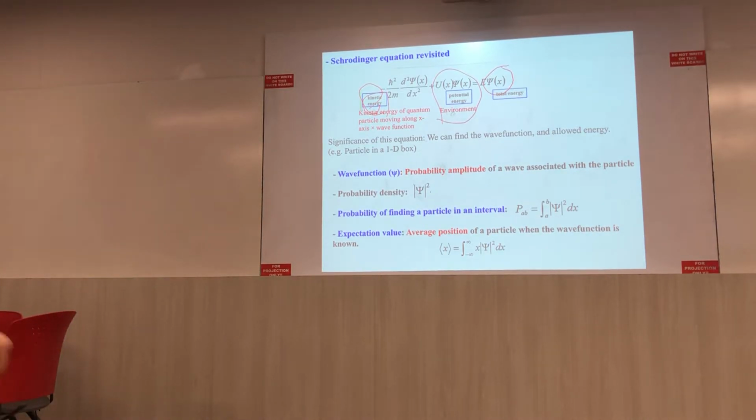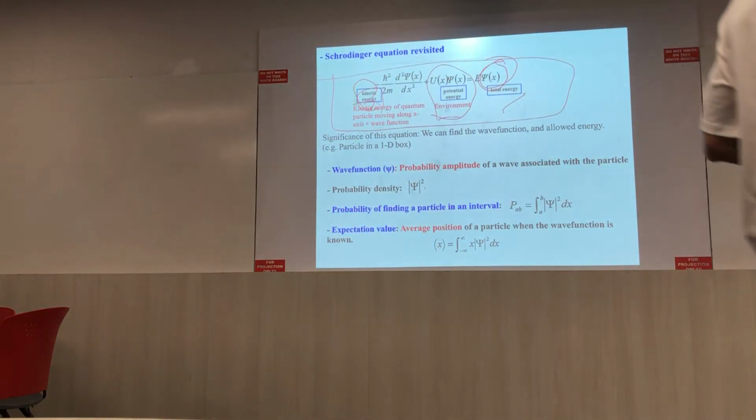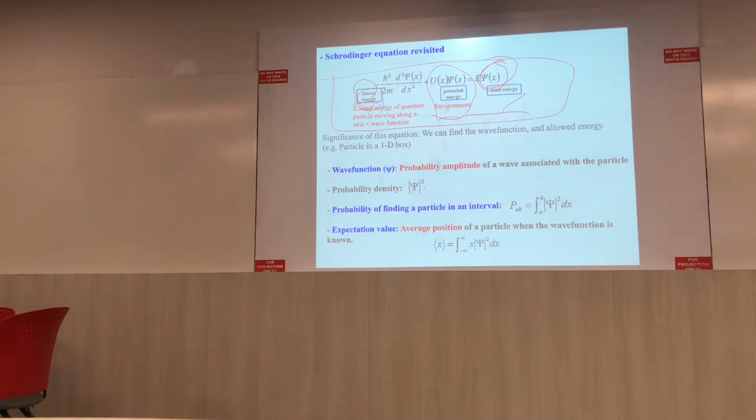So when you add up the kinetic energy and the potential energy, this will give you the total energy. So in our context, we use this Schrodinger equation to calculate potential energy in most of the cases. We can do that because the wave function is given. So we are going to give a wave function, and based on that, we will solve this Schrodinger equation to find the potential energy.